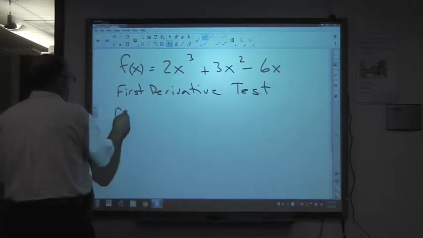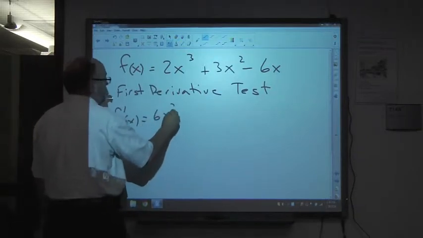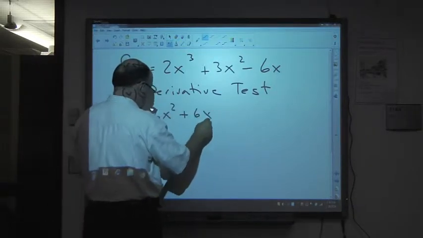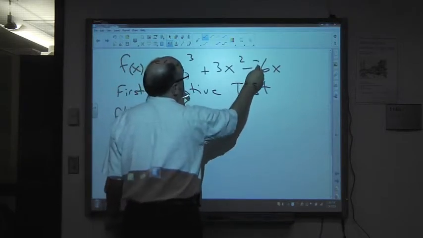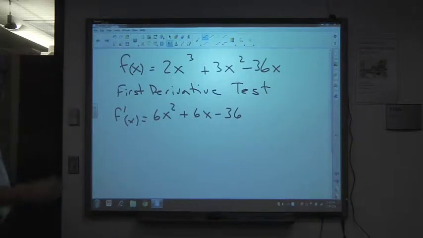So f prime of x will be 6x squared plus 6x, actually this should be a 36, minus 36. Okay. So the first step in the first derivative test is find the first derivative.